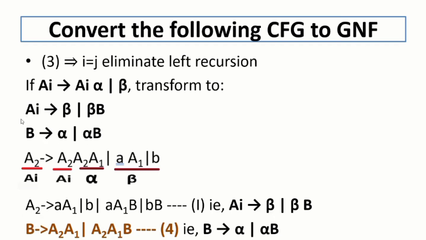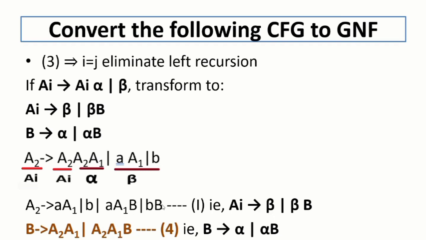Here A base I tends to beta or beta B. What is A base I? A2. So A2 tends to beta or beta B. Beta is a A1 or B, so you write a A1 or B. Then beta B: you multiply with the capital B, a A1 B or B capital B.